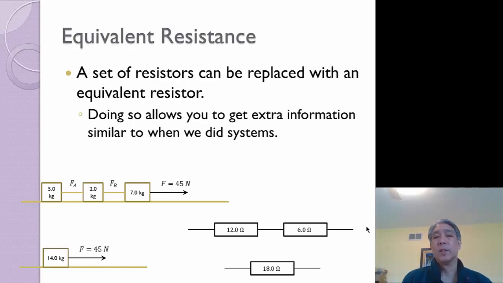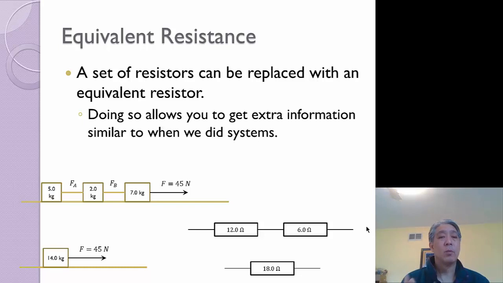The concept of equivalent resistance is similar to a concept we learned earlier in the year where we took a system of several blocks that were connected together but shared a common acceleration. When they had a common acceleration, we could treat these three blocks as a system, and we replaced these blocks with simply a single block with a total mass equivalent to the mass of the three blocks.